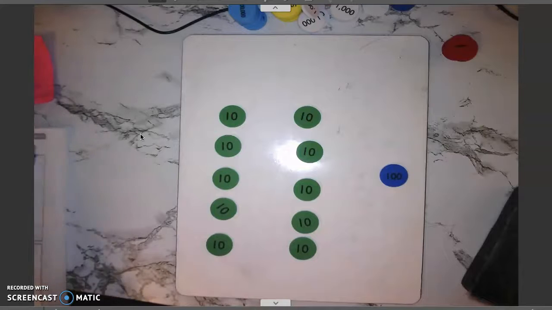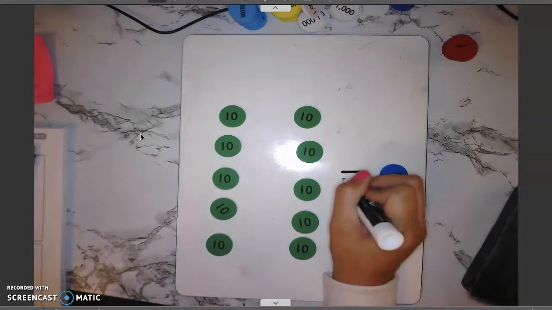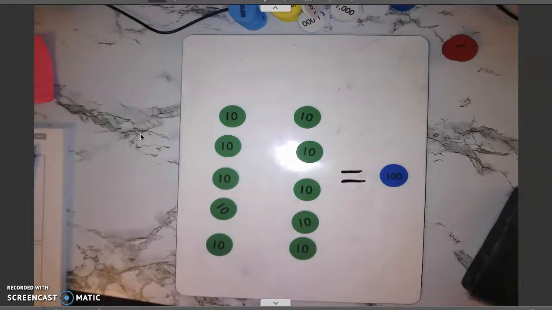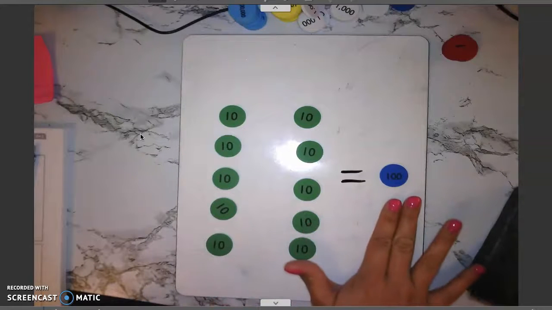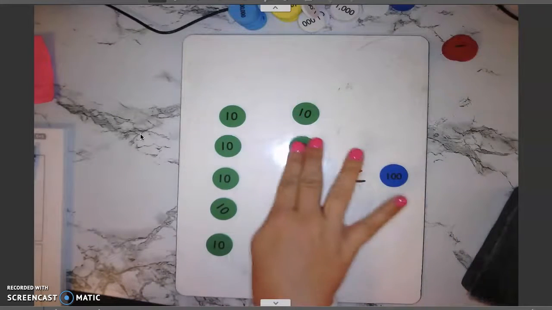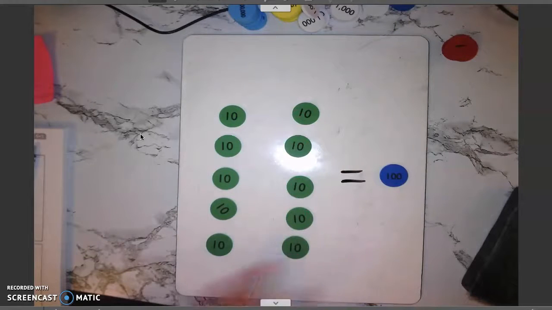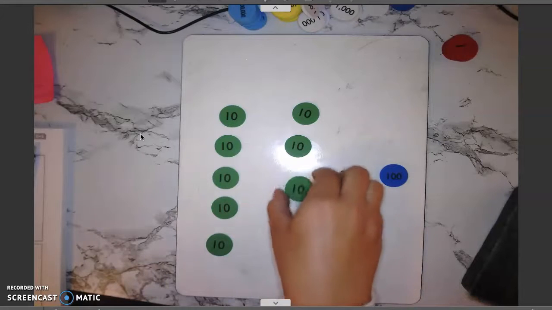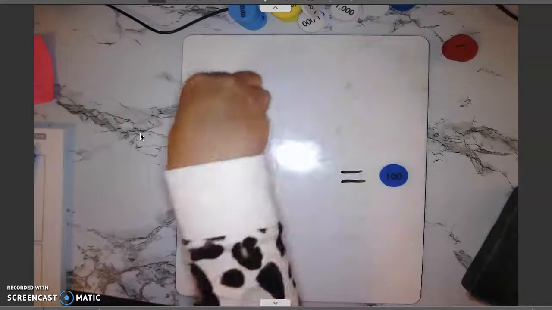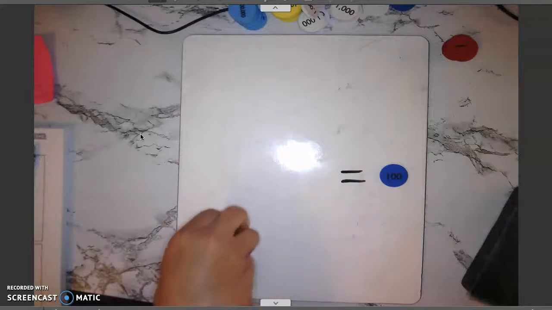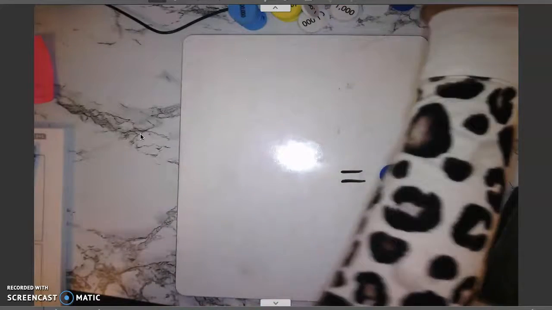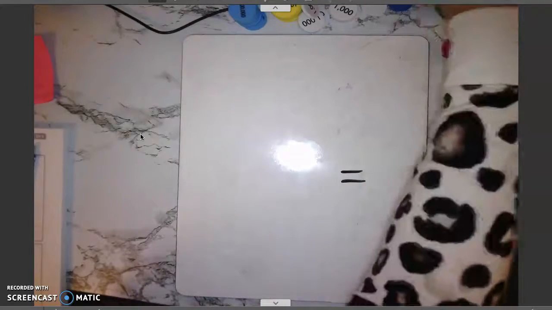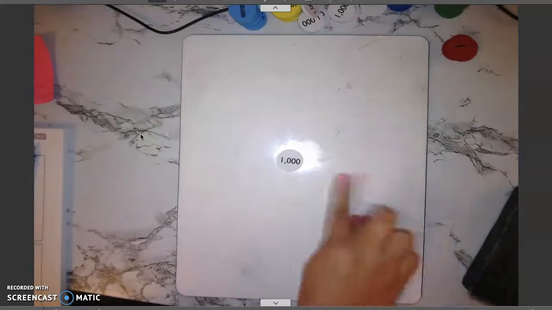We also know that in order to create a new place value, we have to create groups of 10. So we know 10 groups of 10 equals 100. We also know that 10 groups of 100 equals 1,000.